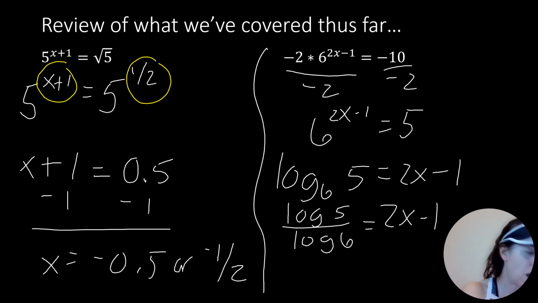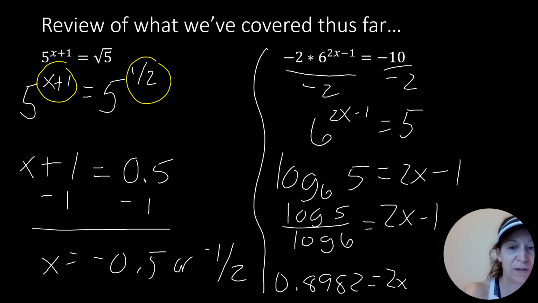So I have log of 5 divided by log of 6. I did not mean to do that. That was silly. And I have 0.8982. And that's equal to 2x minus 1.